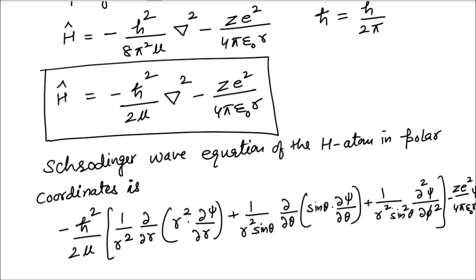So let us separate the radial part from the angular part.